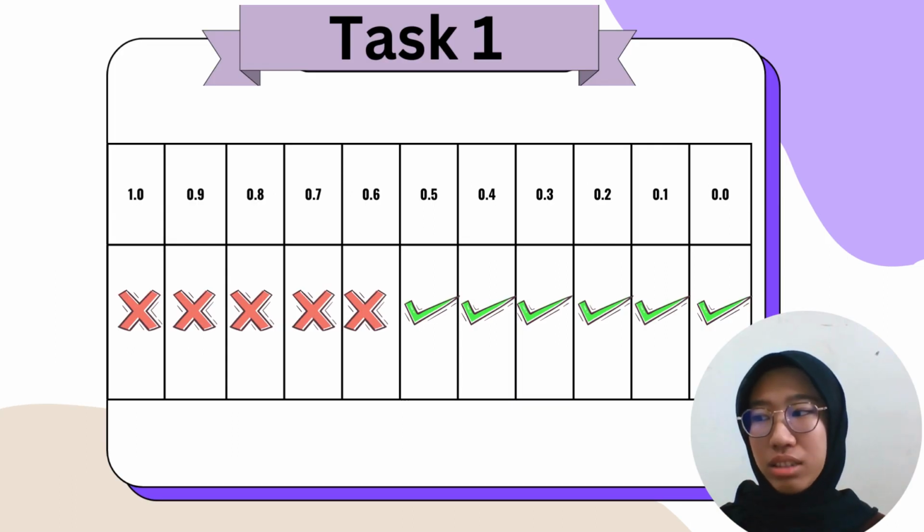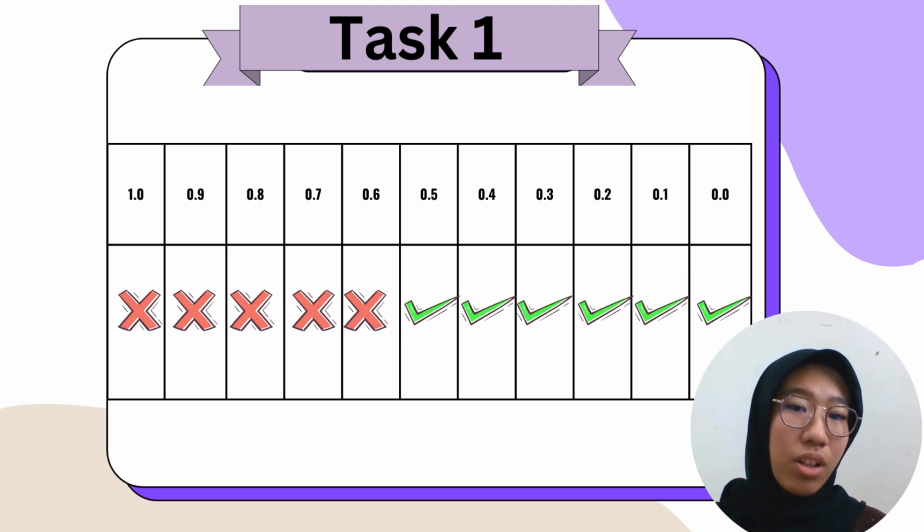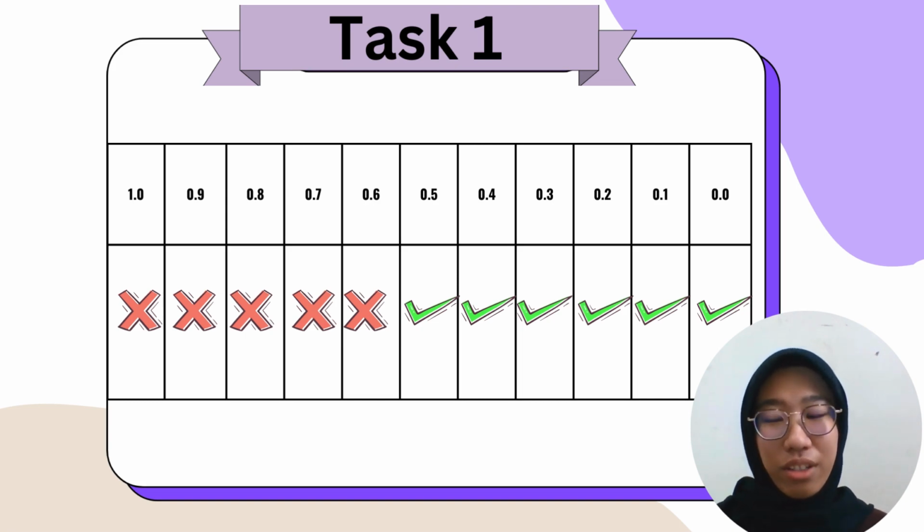Task 1 is to determine the critical value of the coefficient of static friction before the block is moving. Based on the table, with the coefficient of static friction from 1.0 until 0.6, the block is not moving. But from 0.5 until 0.0, the block is moving.